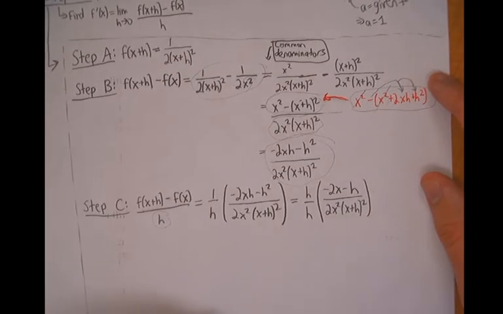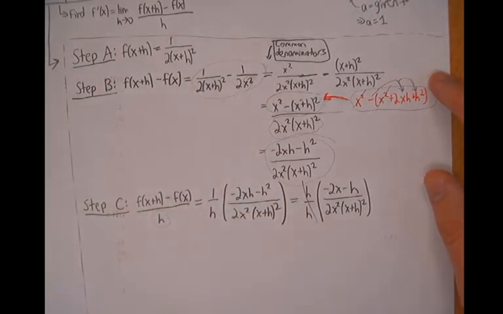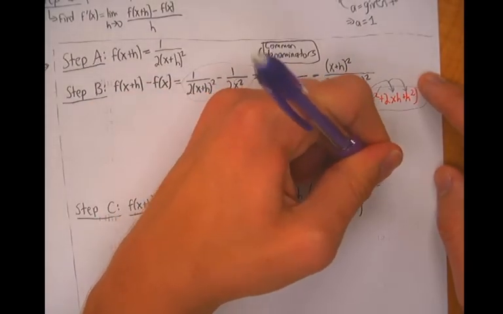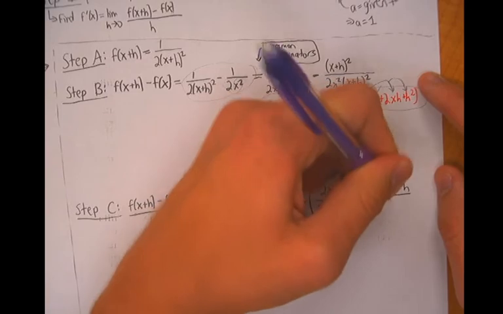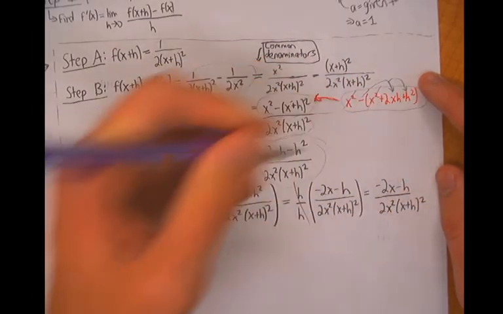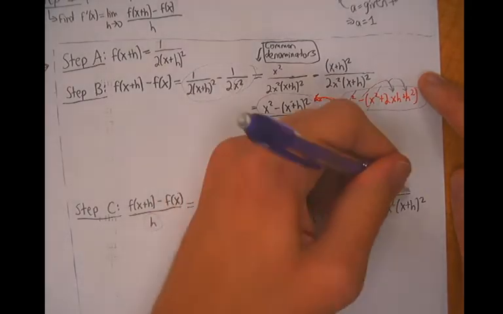So then if we were to cancel these factors of h out, then we should end up with negative 2x minus h divided by 2x squared times x plus h quantity squared. So that would be step C.